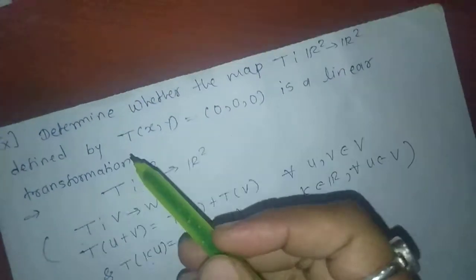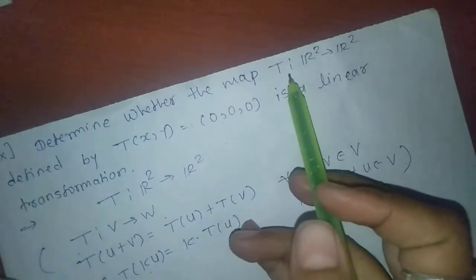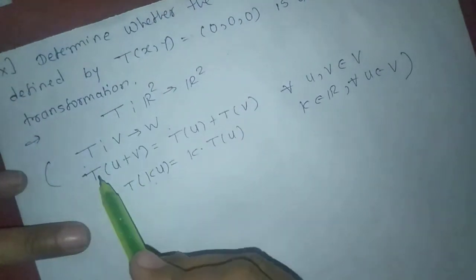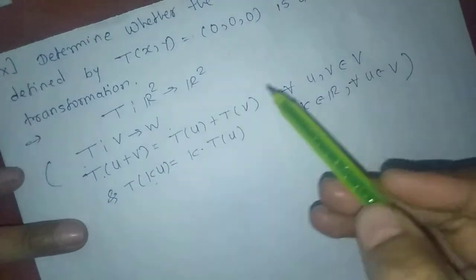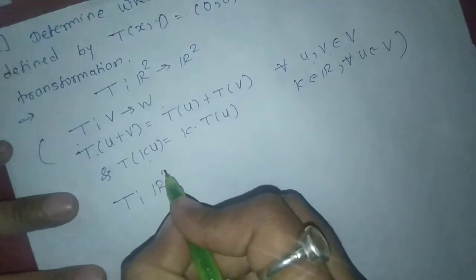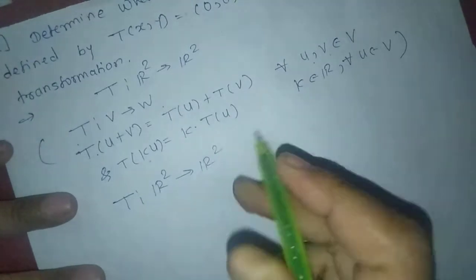Now, to check whether the given T is a linear transformation or not, first consider T of U plus V, where U and V belong to capital V. Here capital V is R2, also W is R2.